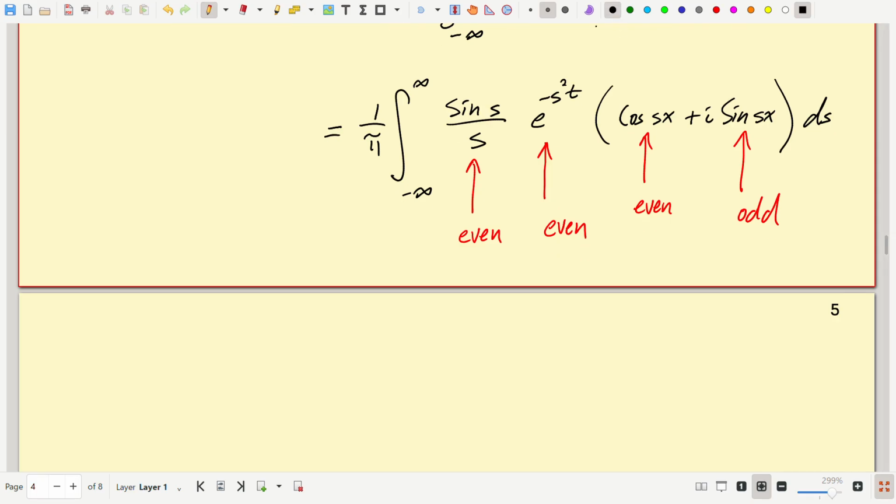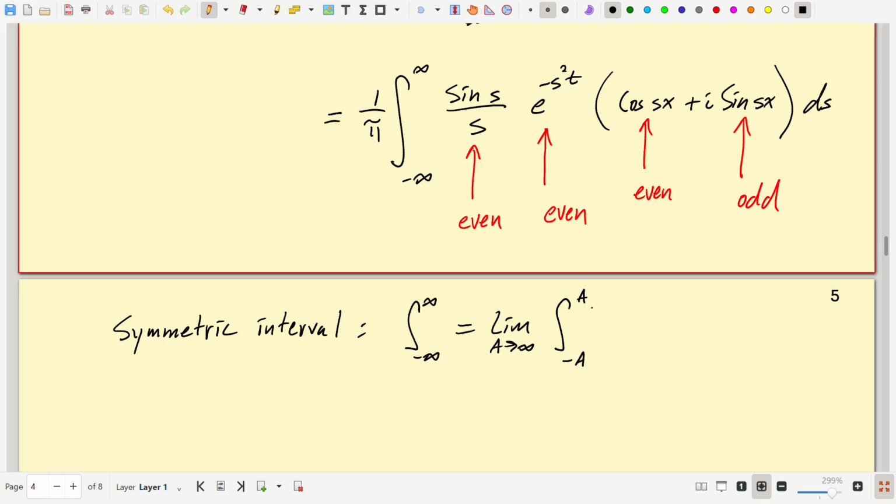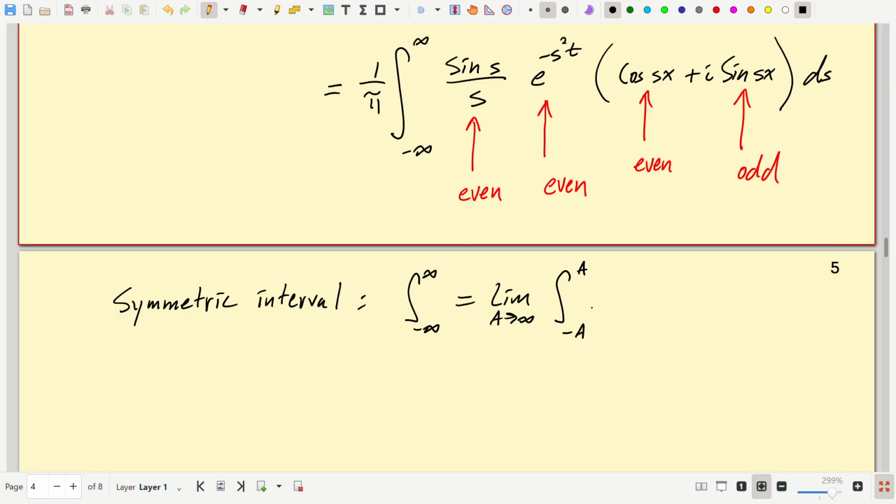I've got a symmetric interval, in the sense that the integral from minus infinity to infinity is the limit as a goes to infinity of the integral from minus a to plus a. And so the integral, even times odd, would be odd, and that would integrate to 0.